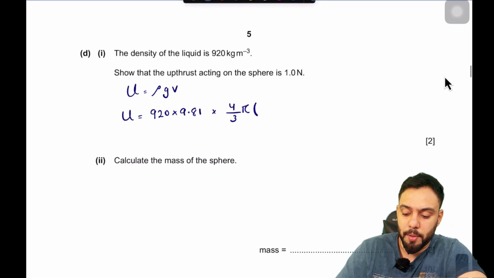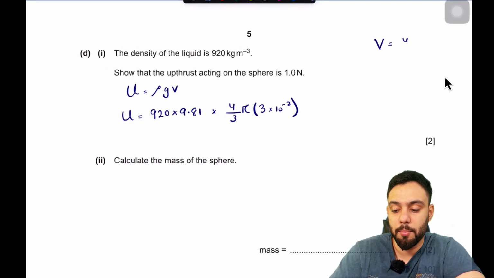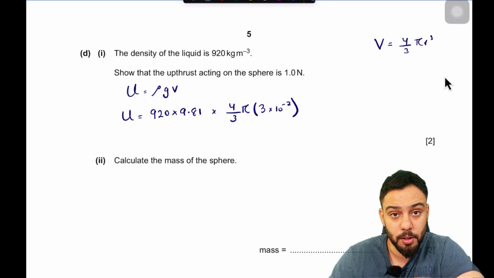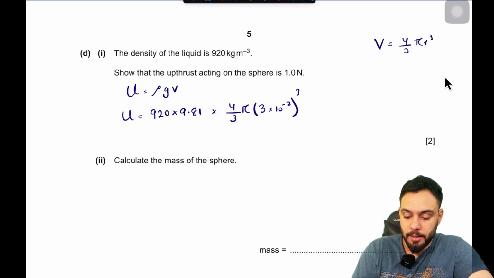I'm just going to write it here as well: volume is given by 4 over 3 pi r cubed. Remember to cube that as well. Just plug everything into the calculator: 9.81 times 4 over 3 times pi, and then 3 times 10 to the power of negative 2, and square that.